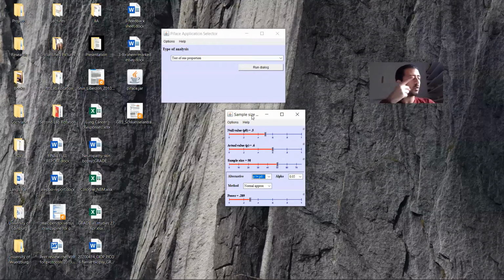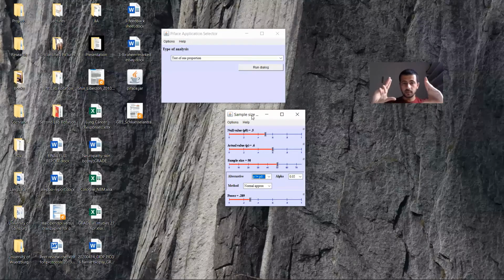And I need to compare this to this. When I'm comparing two proportions, what is the meaning of this? It's a chi-square. Remember, two proportions, so I have two numbers and two numbers, so I have a 2 by 2 table. Do you remember that?